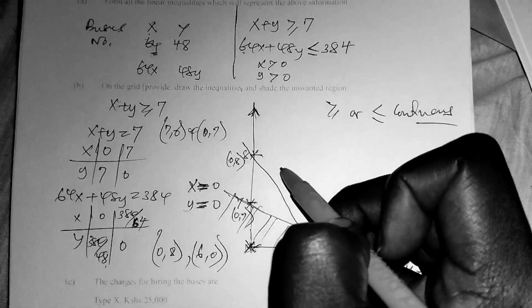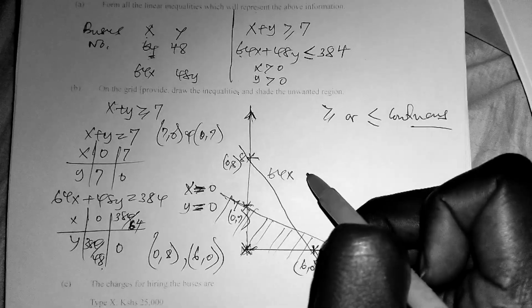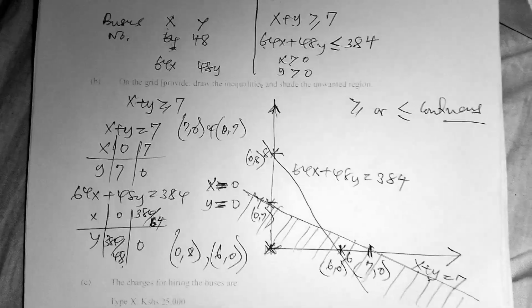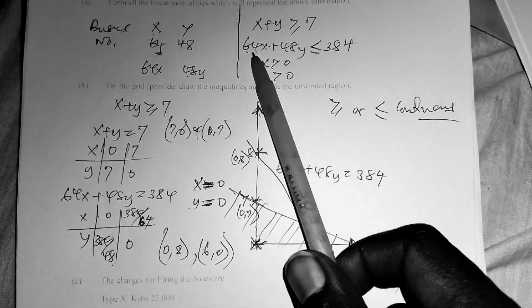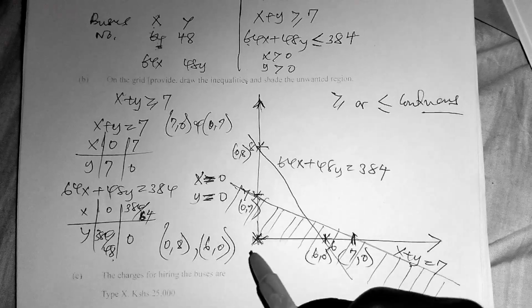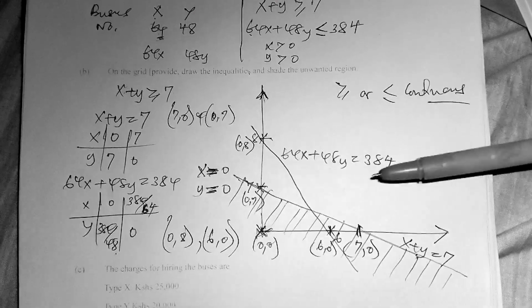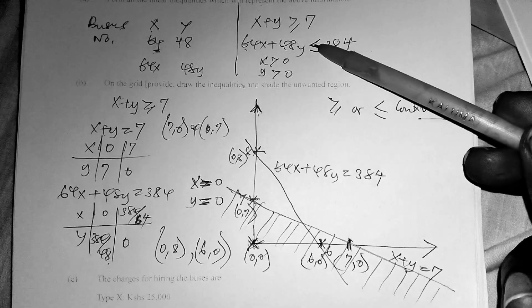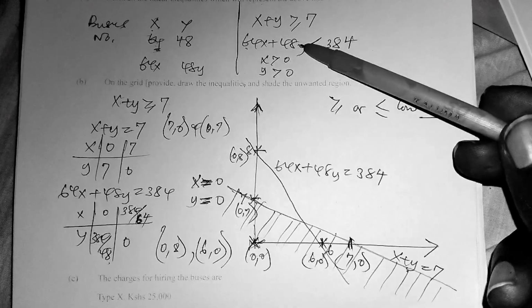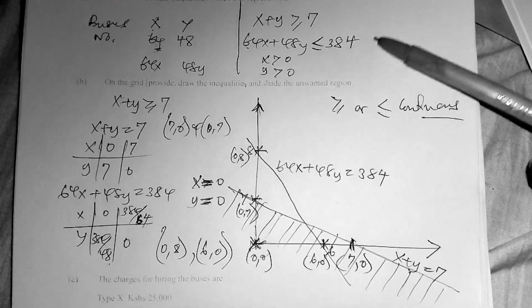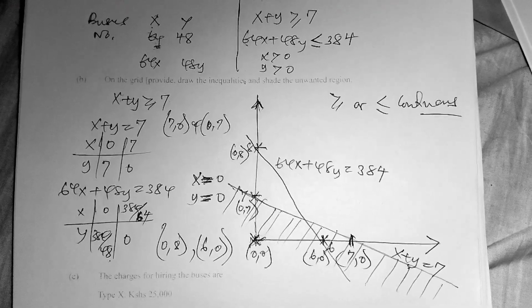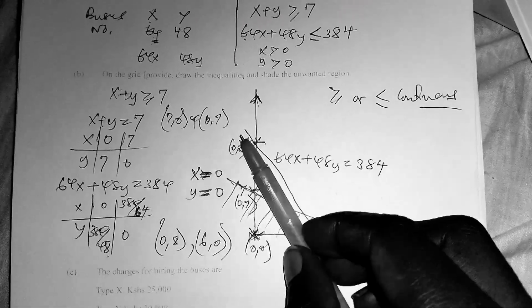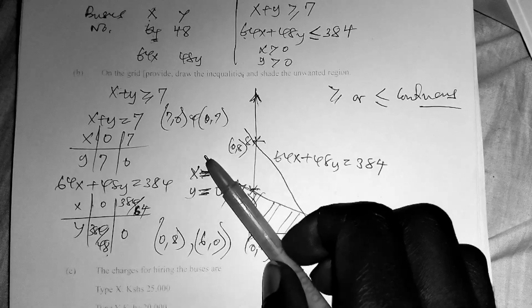Then the other line is 64x plus 48y equals 384. Again you can test with the point of origin, (0, 0): 0 plus 0 is less than or equal to 384, which is the correct side. So this side is correct based on this equation.